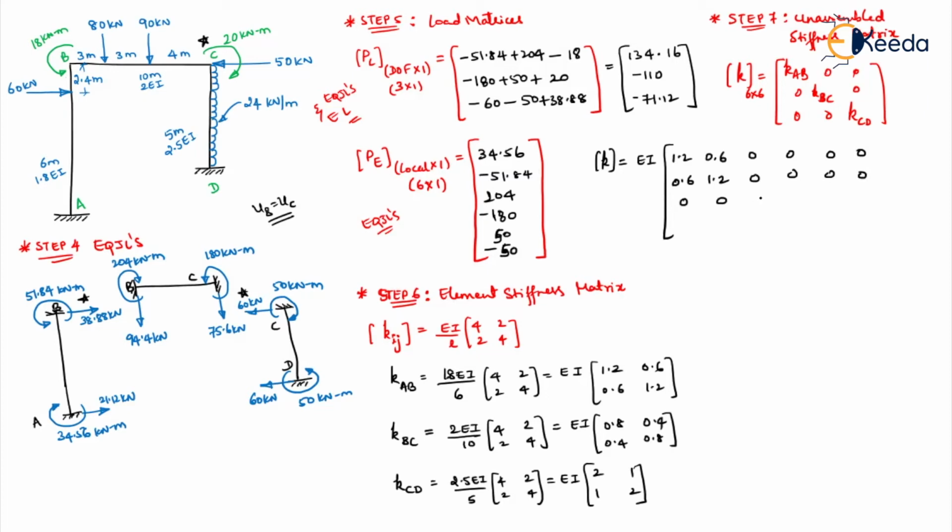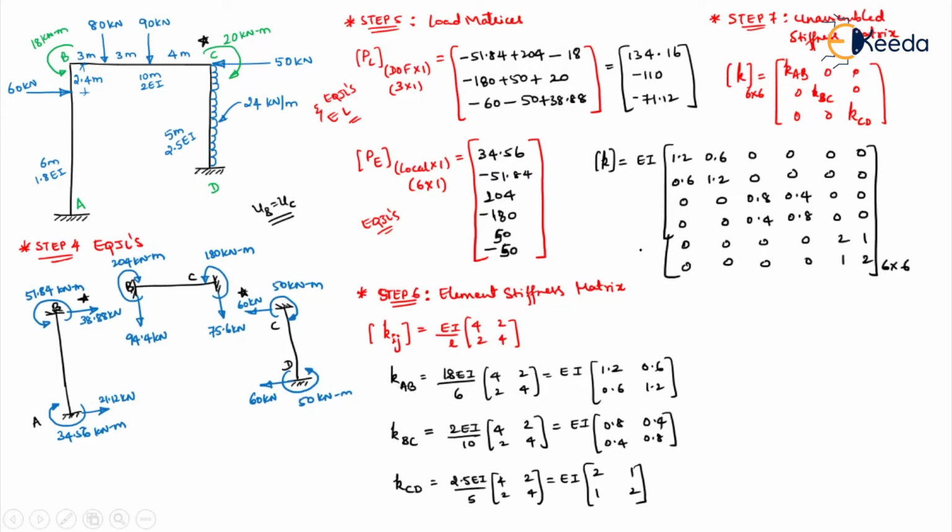Then we have 0, 0, 0.8, 0.4, 0, 0, then 0, 0, 0.4 and 0.8, 0, 0. Then the last elements will be 2, 1. Finally, 1, 2. So this is your unassembled stiffness matrix of the order 6 into 6.